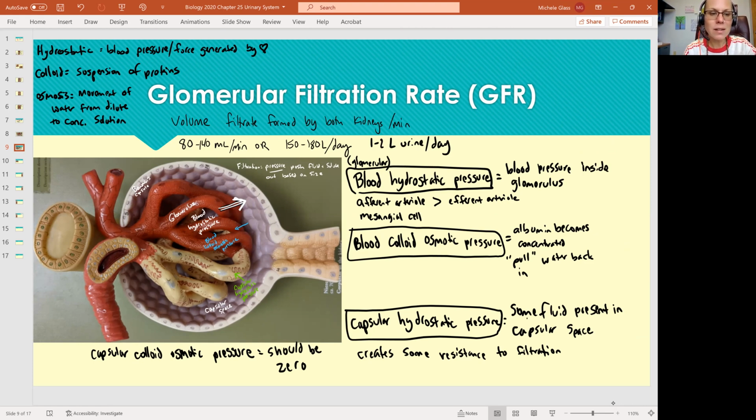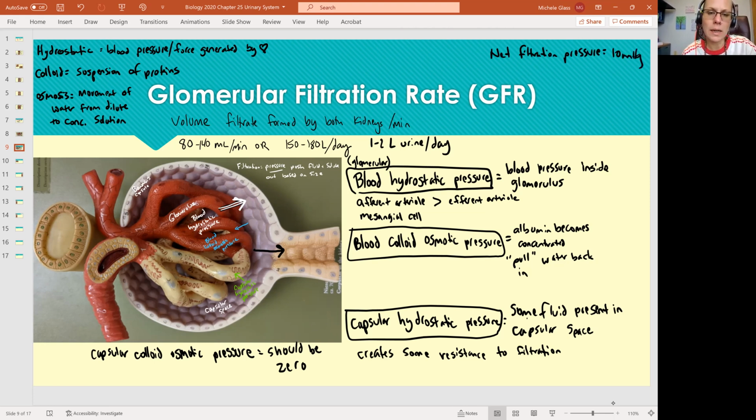What we're trying to figure out here is what is called the net filtration pressure. And so that's what's actually going to exit. We're going to call it net filtration pressure. And we'll see it's going to be about 10 millimeters of mercury.